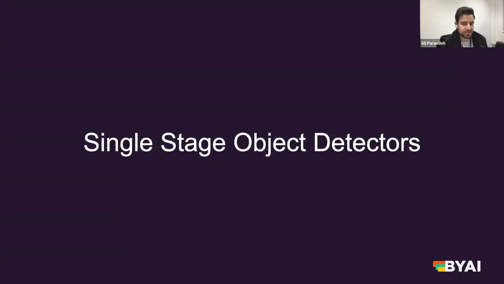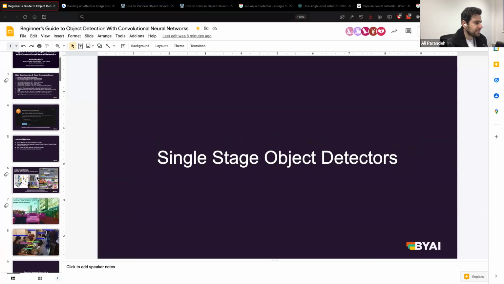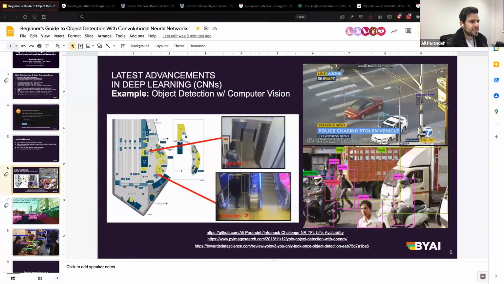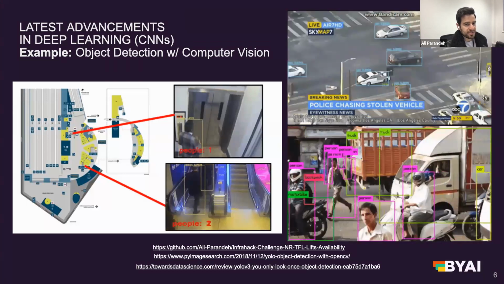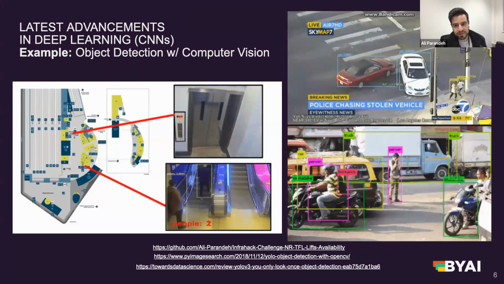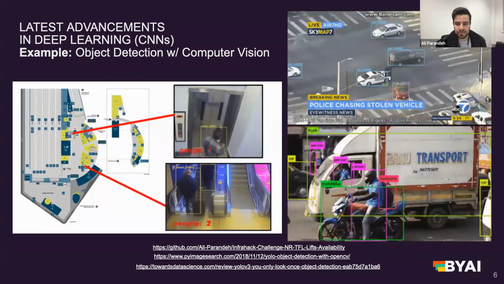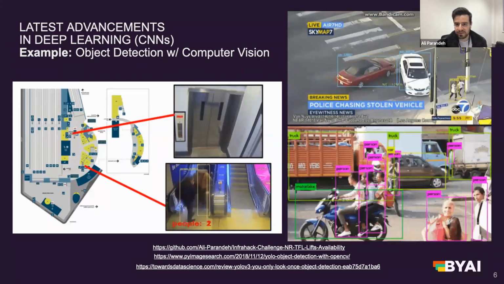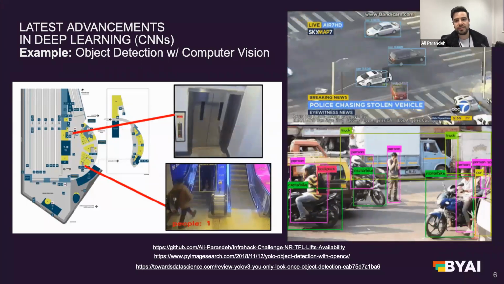You might have heard of some of them before. All the videos you saw in this presentation used a single-stage object detector, in particular, for example, this one where you see the cars riding by. These single-stage object detectors are very useful if you want to apply them to real-time applications. Imagine a camera looking at people, and you want to count people coming in and out of a retail market or supermarket in real time.